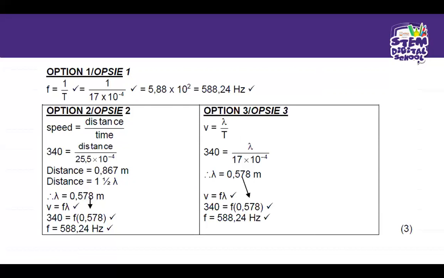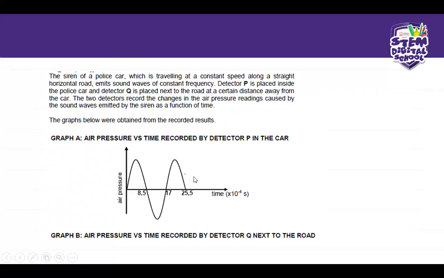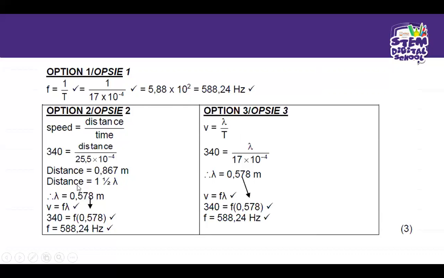And then we've got a second option where we can say speed is equal to distance divided by time. Distance is not given, it is what we're looking for. We know that the speed is 340, and we know that the time is 25.5, which is the total time, right? Therefore, we're going to get our distance, which is going to be 0.867.